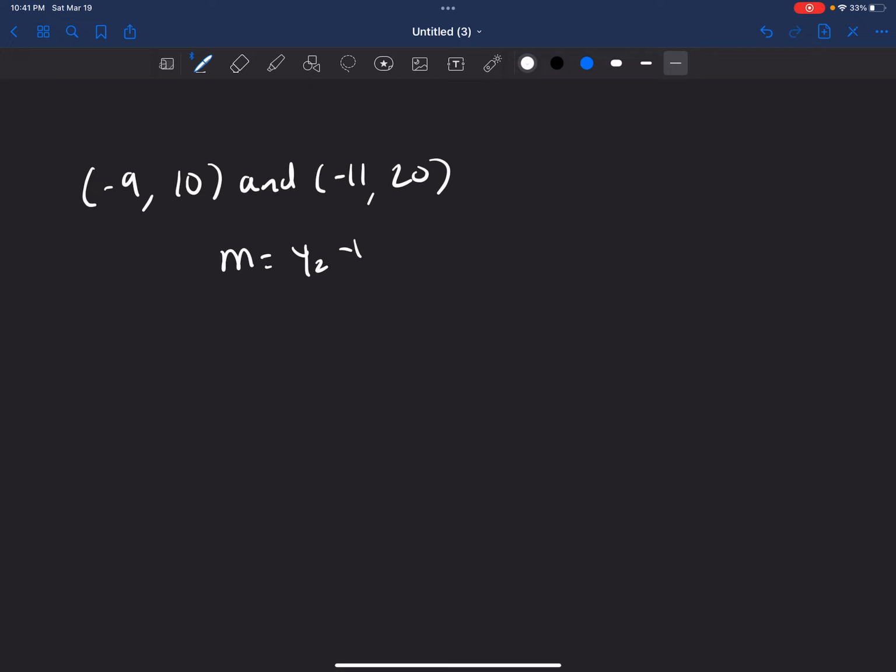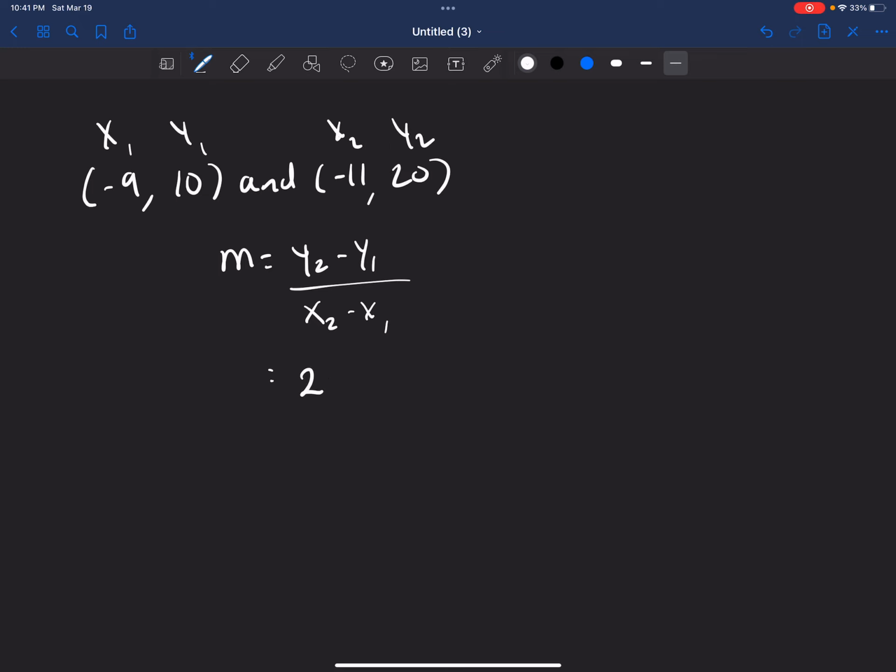All right, let's do it over here. So we have (-9, 10) and (-11, 20). I'm going to write my formula. M is equal to y2 minus y1 all over x2 minus x1. And this is x1, y1, x2, and y2.